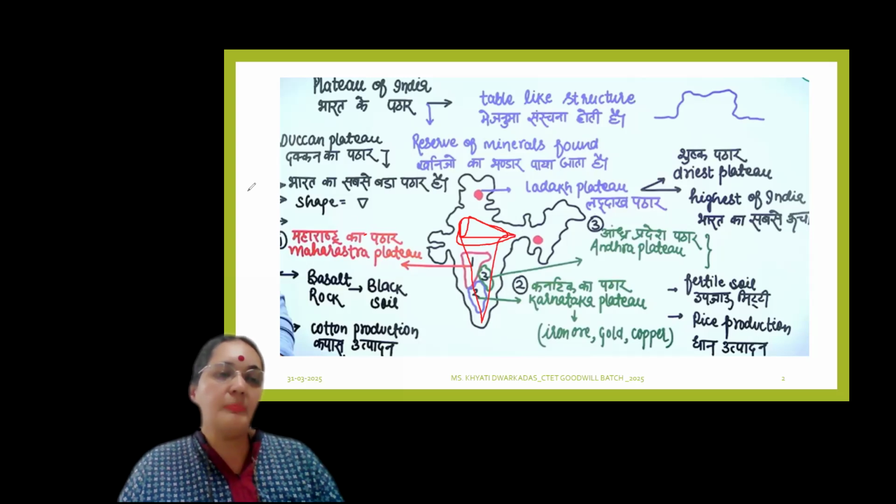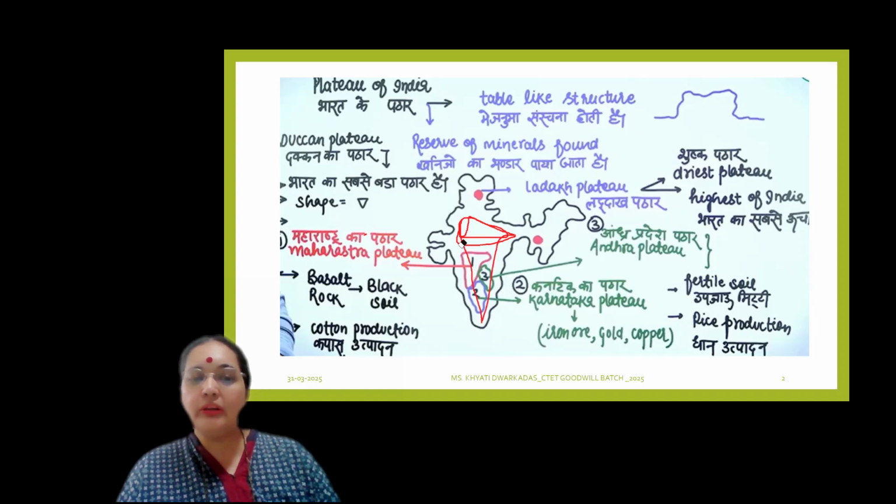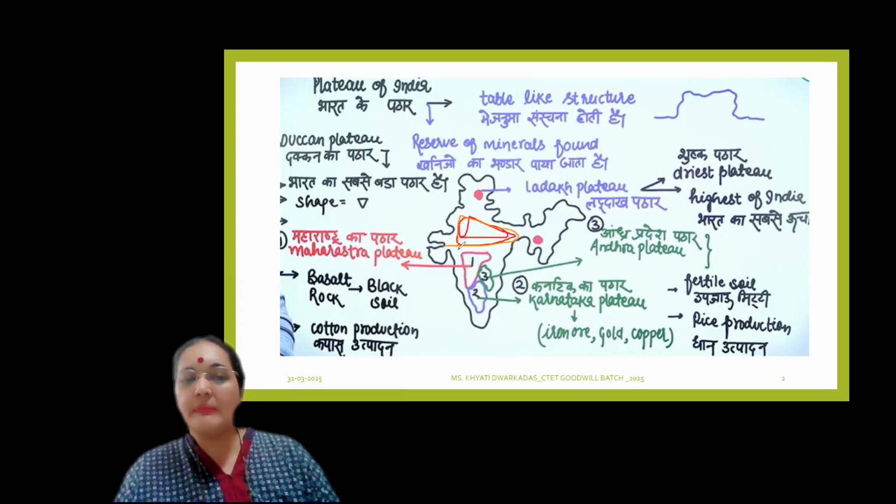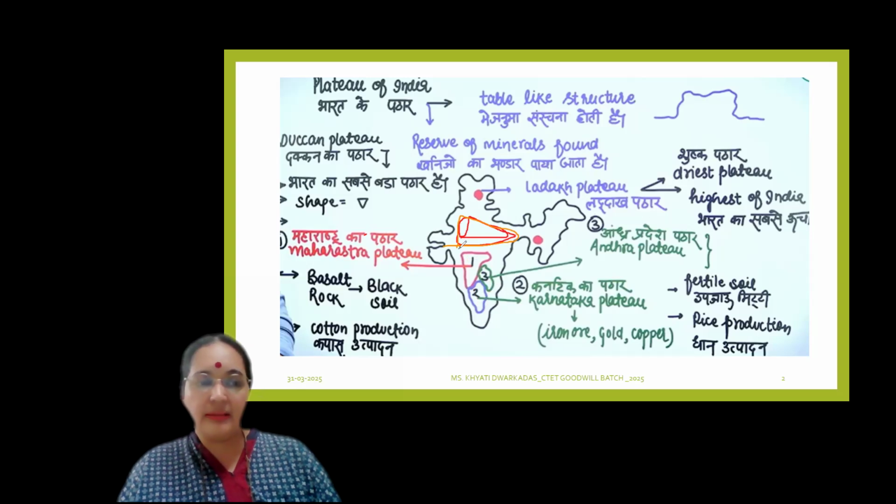All of this makes the peninsular plateau. And the peninsular plateau is divided into two main plateaus. The northern part of the peninsular plateau is called the Central Highlands. So all of this part that you are seeing is a part of the Central Highlands.